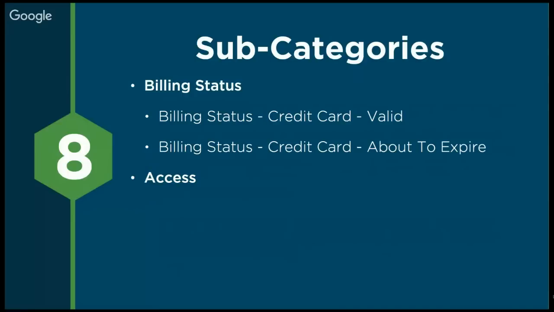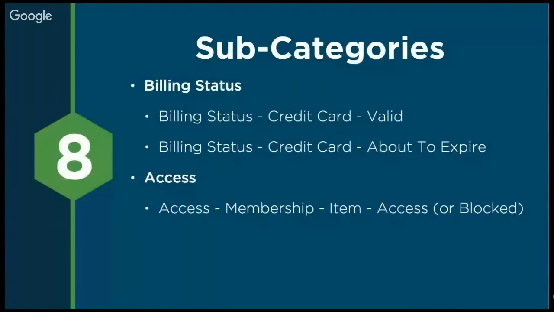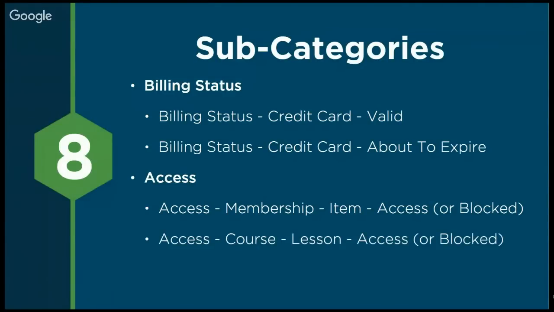So it is temporary, it is a status, and that's why I put access as a subcategory under status. So tags under the status category might say access dash membership dash item dash access, or I might say blocked if I want to block them from certain content. So access dash course dash lesson dash access, right?